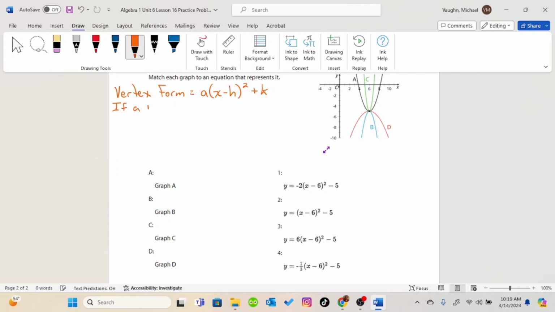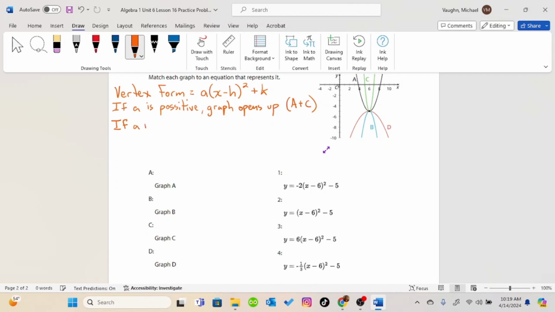If a is positive, the graph opens up. So A and C are going to be the positive a's.